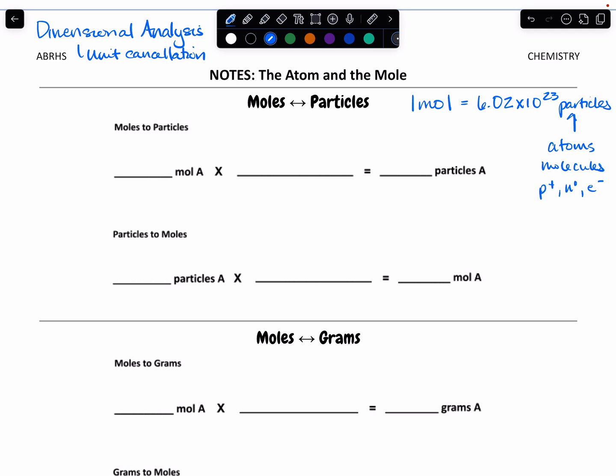For example, let's say we wanted to go from moles to particles. That means we're going to start with moles. There will be some amount of moles given in our problem. That means the conversion factor is going to have moles of that substance in the denominator, the bottom of that conversion factor.